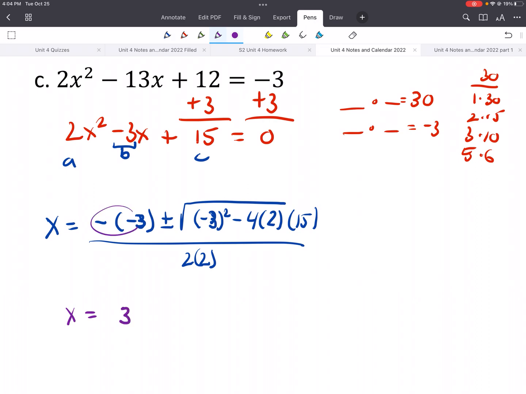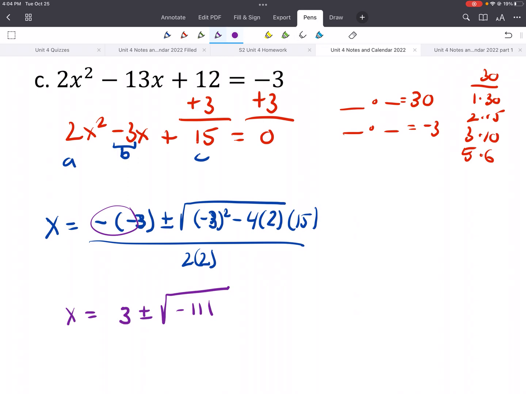So again, double negative gives us a positive, plus or minus the square root. So we need to simplify the discriminant. So negative 3 squared, make sure you use a parenthesis, minus 4 times 2 times 15. So I got negative 111. And I'm fairly certain that that is prime.